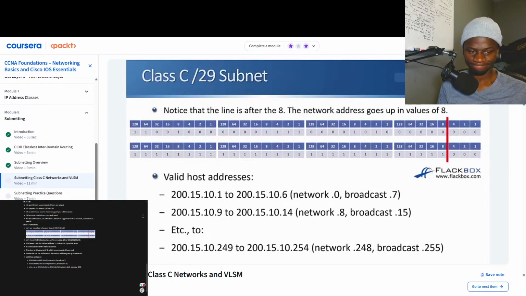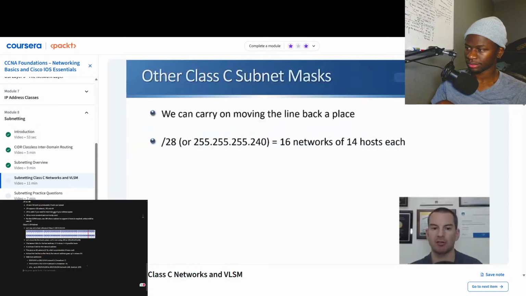And we can carry on moving the line back a place. So we did /31, /30, /29. We could also do a /28, which is 255.255.255.240. That is going to give us 16 networks of 14 hosts each.